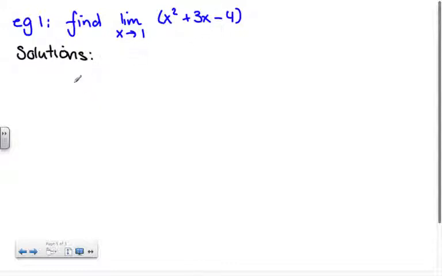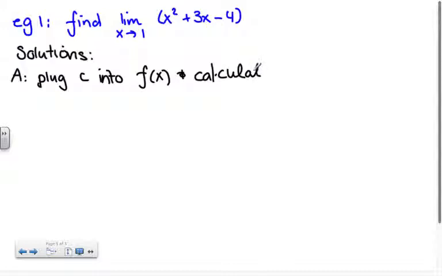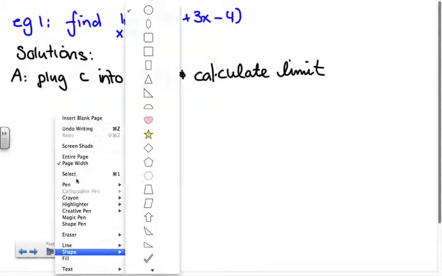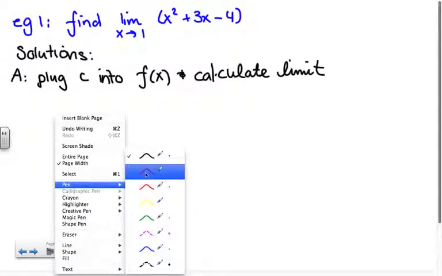So solution A is to plug c into f of x. So wherever I see x, I replace it with 1.